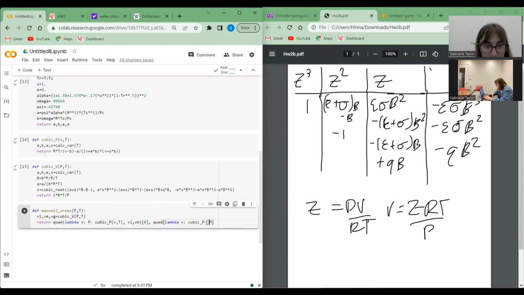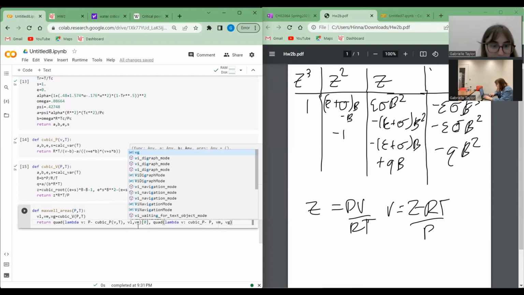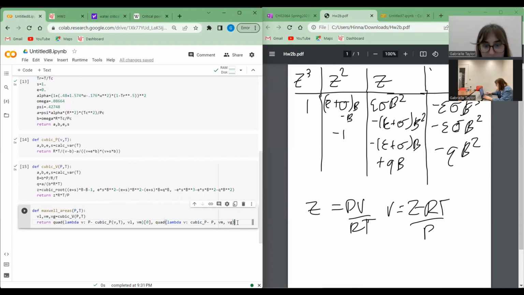So this is going to be our VL, so we have VM and VG. And then this is going to have our bracket of 0. Okay, let's see if this works.